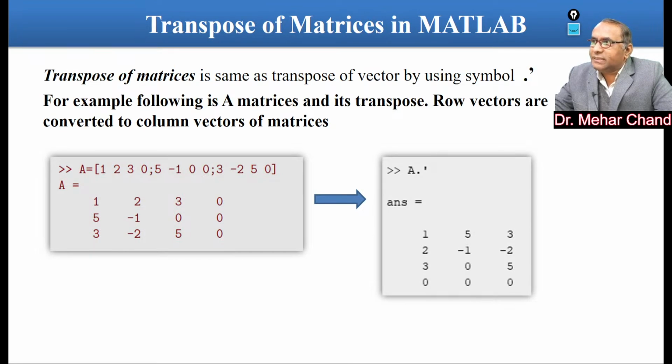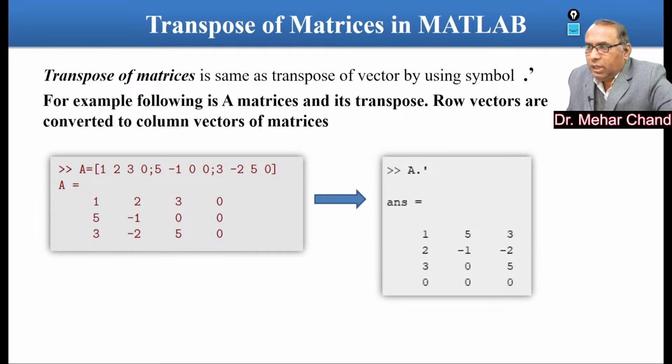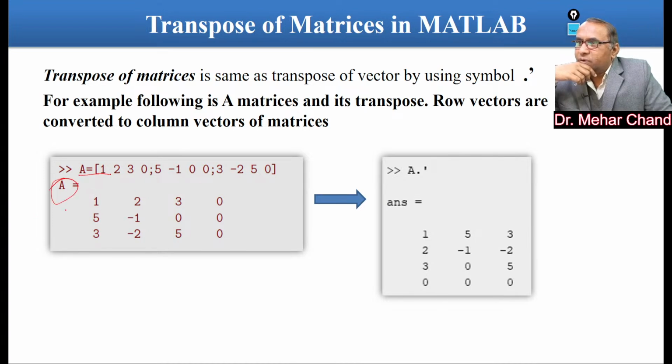So here, transpose of a matrix is same as the transpose of a vector. For example, here is a matrix, and when you take the transpose of this A, you will use this sign only. In the place of T you will use this sign, A dash.